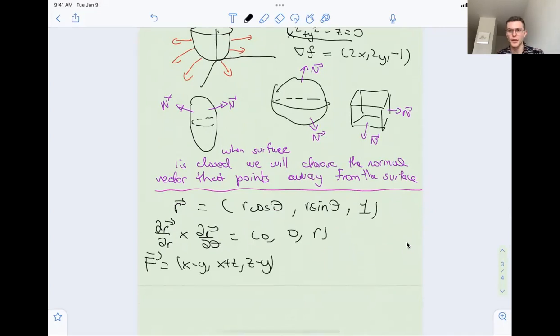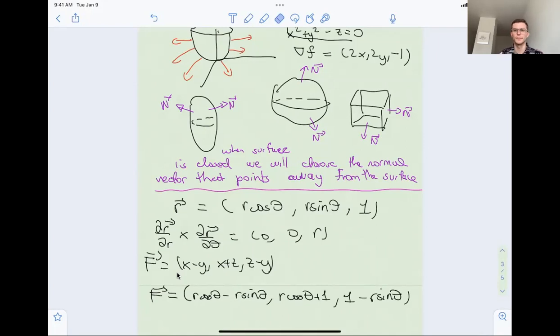But now remember that for the flux and all these problems, the idea is to rewrite x, y, and z in terms of the parameters. So F in terms of the parameters becomes r cosine of theta minus r sine of theta, r cosine of theta plus 1, and then 1 minus r sine of theta.